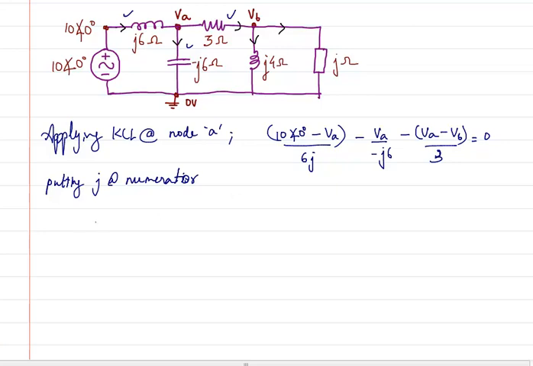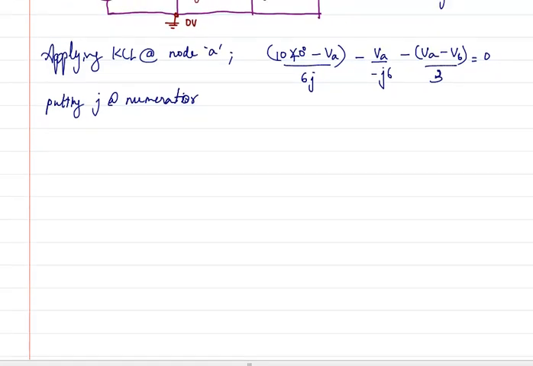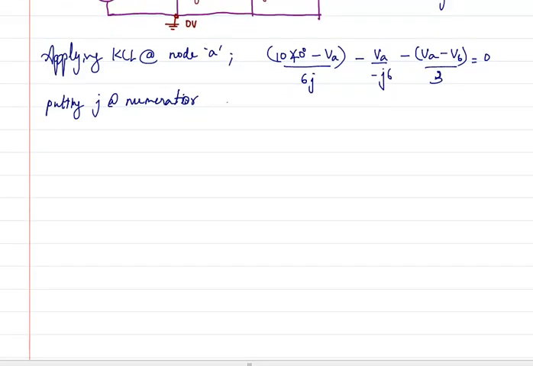You should remember that 1 by J, if you take J to the top, becomes minus J, and if it is 1 by minus J, taking it to the top becomes plus J. So the sign basically reverses. Keeping that in mind, I will get minus J 10 angle 0 degree.